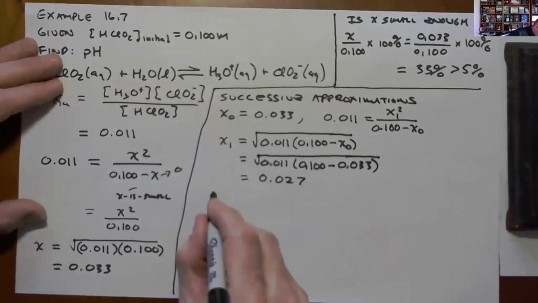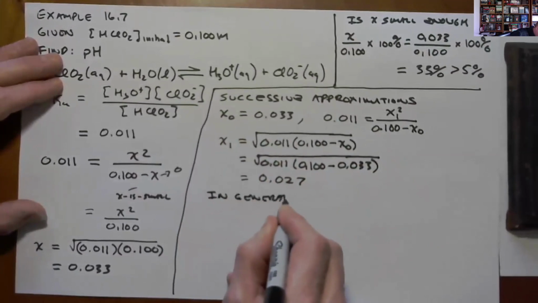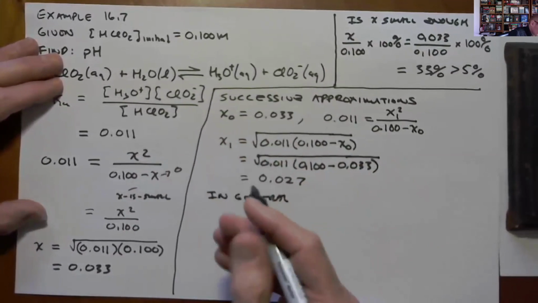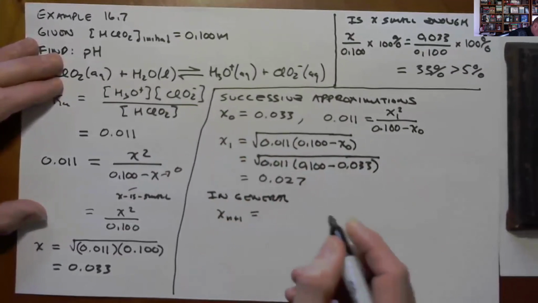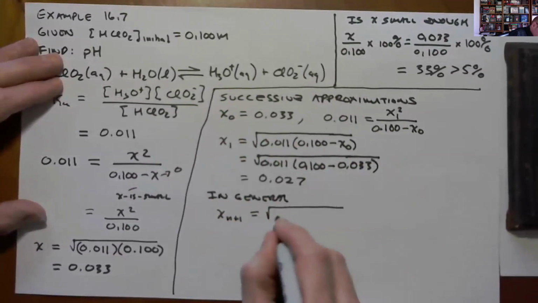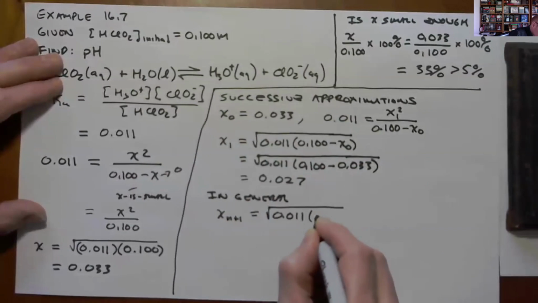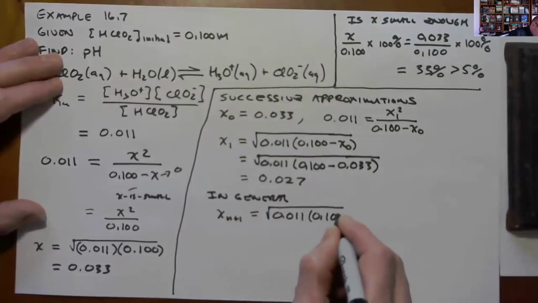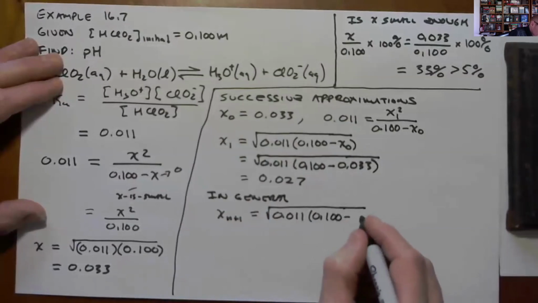In general, we have an equation for generating the next approximation from the previous, and that's what this is, 0.011, the equilibrium constant, times our previous approximation of the equilibrium concentration of the acid, Xn.